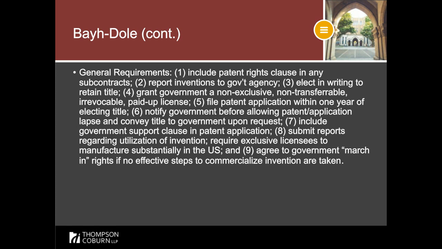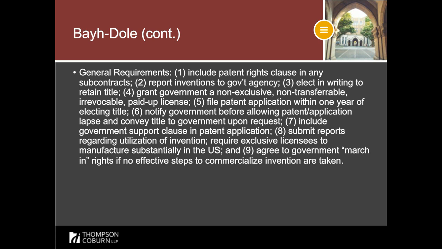The text is a little small. There are a lot of things in there, but there are requirements under the Bayh-Dole Act. I'm not going to hit them all, but in general, you have to have a clause in your contracts, your licenses, about the government's rights.